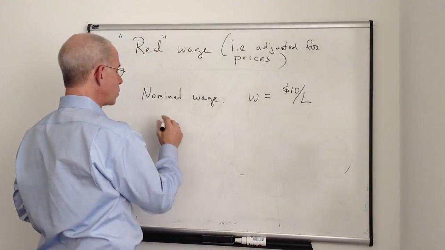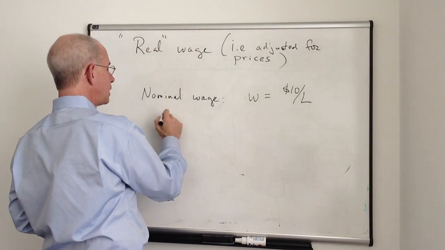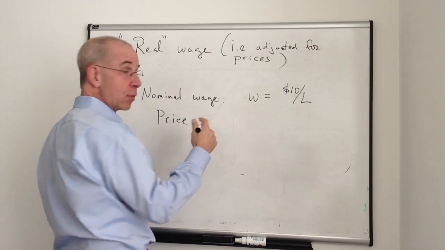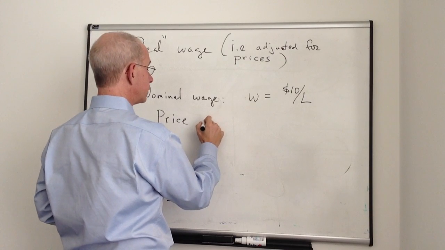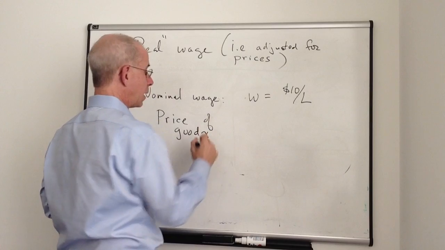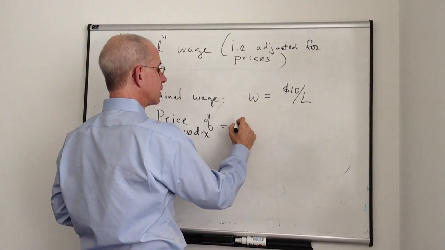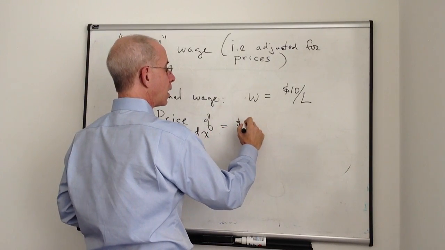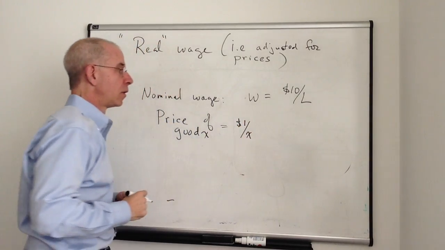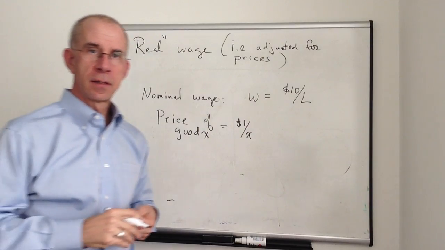Now, when we talk about the real wage, we need to talk about that relative to the price of, say, good X. And let's say that it is $1 for every unit of X.